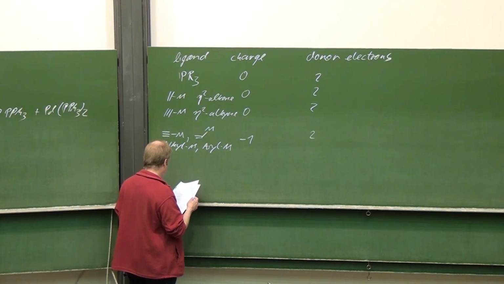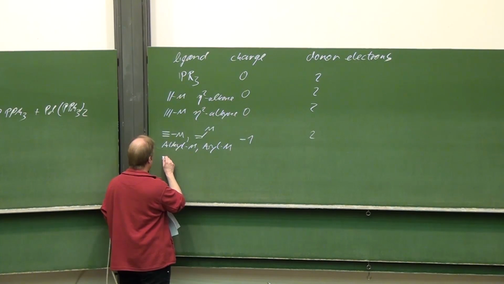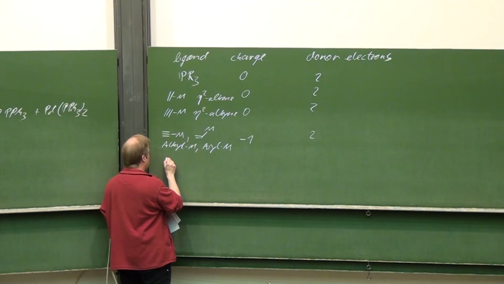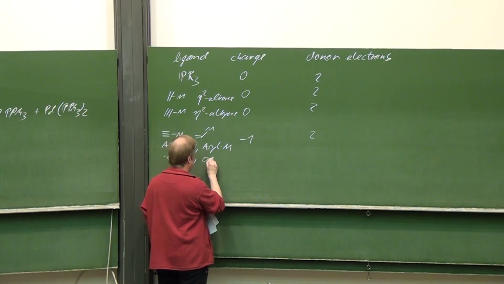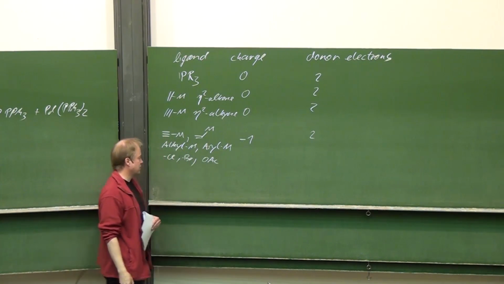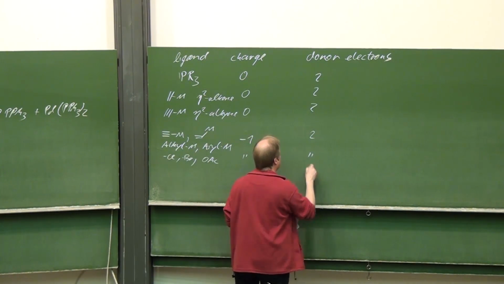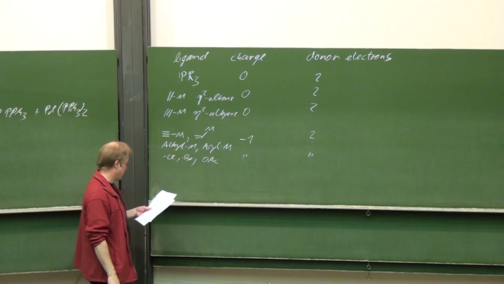The same is true for halides like chloride, bromide, iodide, or other substituents, acetate for instance. Also -1 and delivering 2 donor electrons.